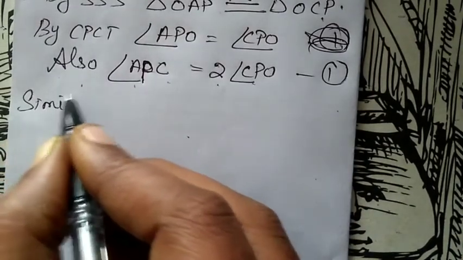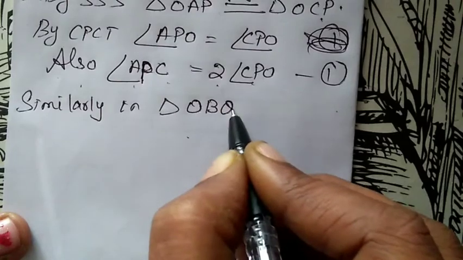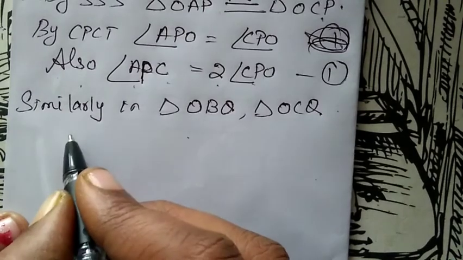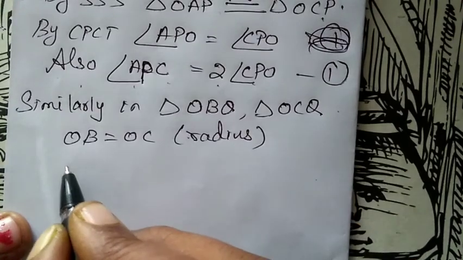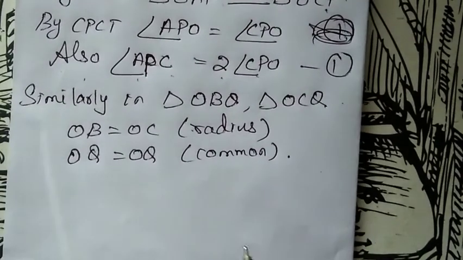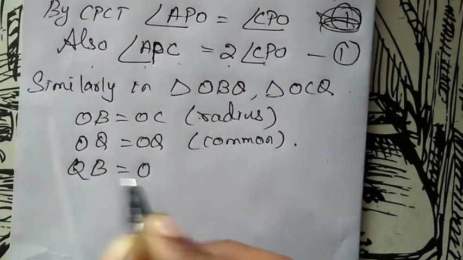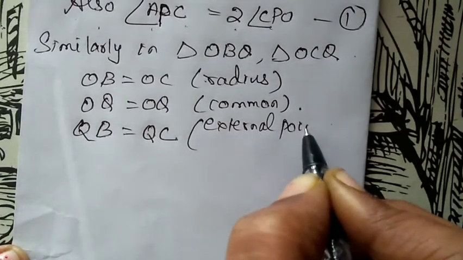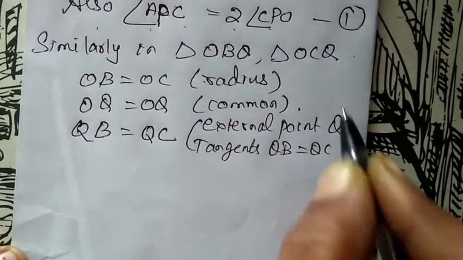So similarly, in triangle OBQ and triangle OCQ, we can prove OB equal to OC, radius, and then OQ is common. Then we can prove QB equal to QC. This is from the external point Q, tangents QB equal to QC.